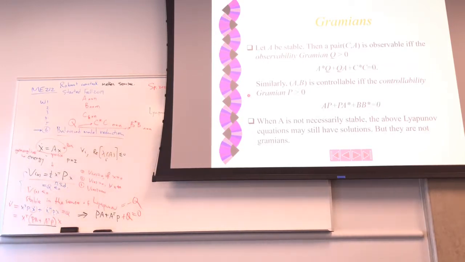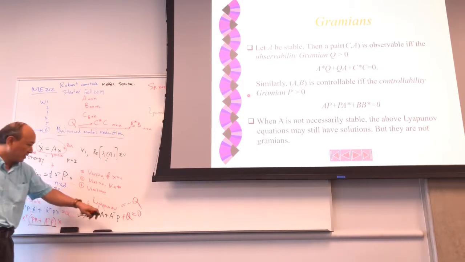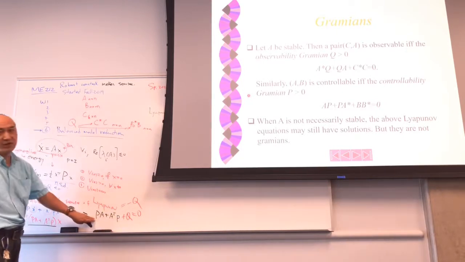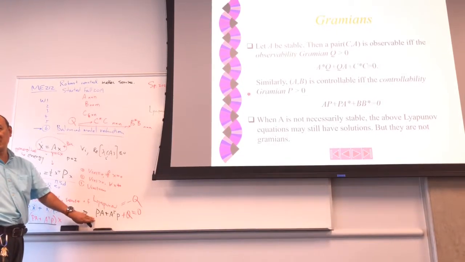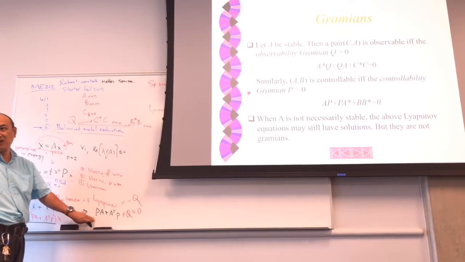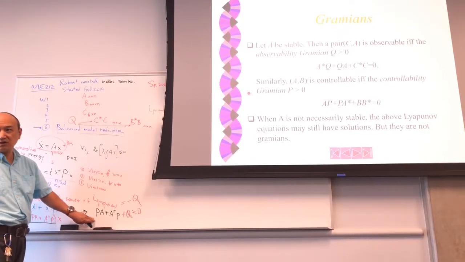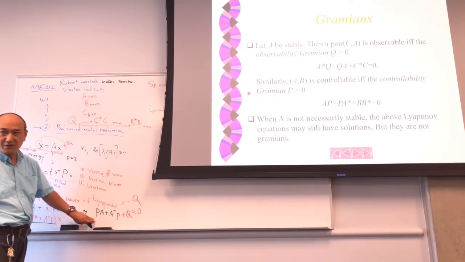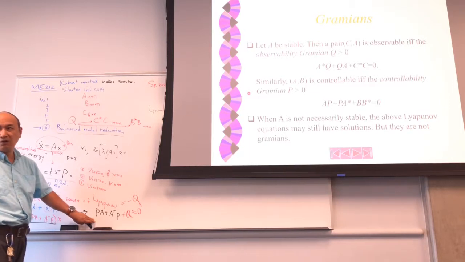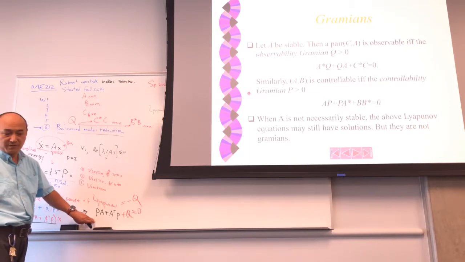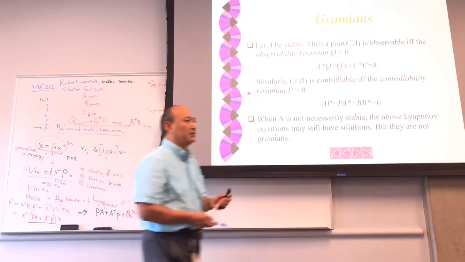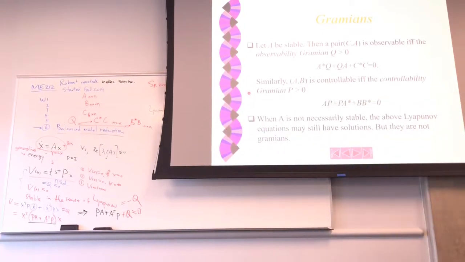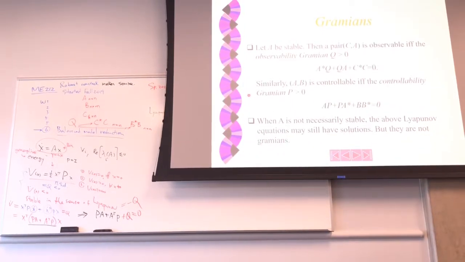have some special meaning. Because when we use this one to put in Q, then we solve for P. This P has a different name. This P is also called the controllability Gramian or observability Gramian. I hope this is not too confusing.